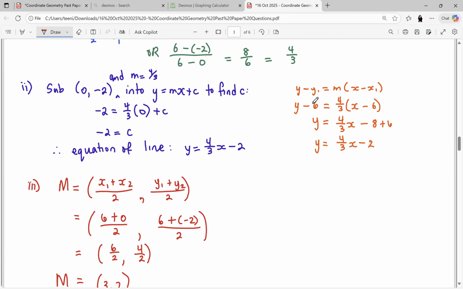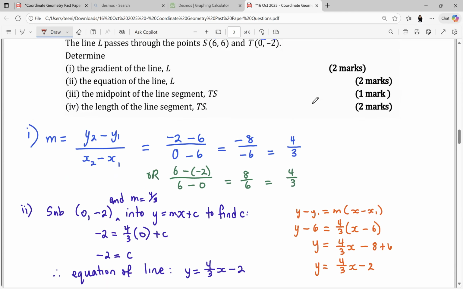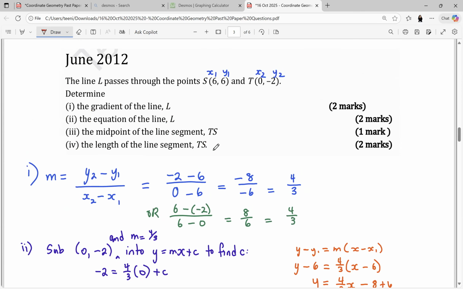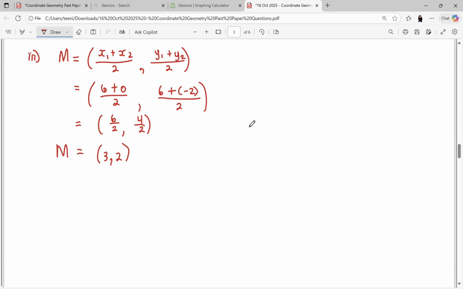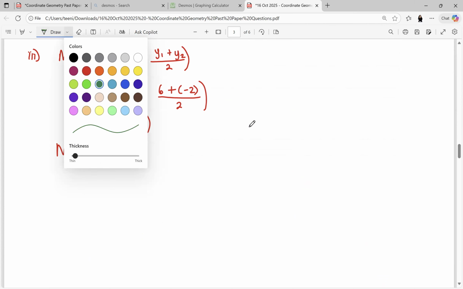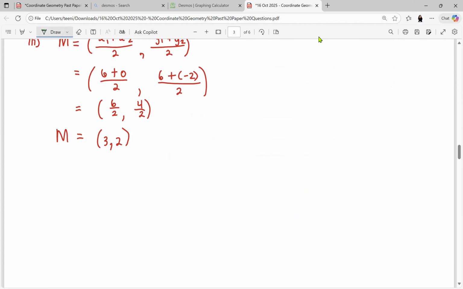All right. And then the final part of the question is to determine the length of the line segment TS. So to determine the length of the line segment, you use the formula to find the length of the line.